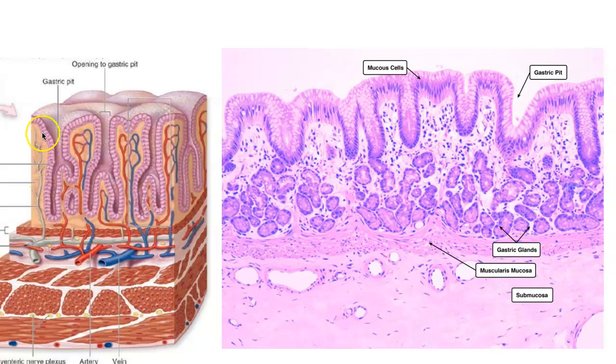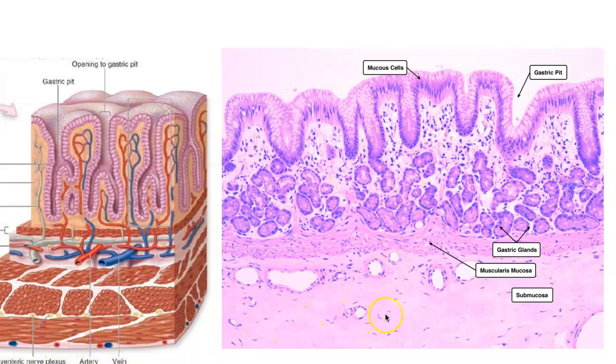So here is the lining epithelium, simple columnar. Here's the lamina propria. Here's the muscularis mucosa, the submucosa, inner oblique, smooth muscle. Here is the middle circular smooth muscle, and here is the outer longitudinal smooth muscle, and this is the serosa. Remember, the stomach is surrounded by serosa.